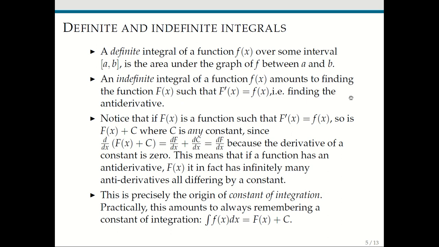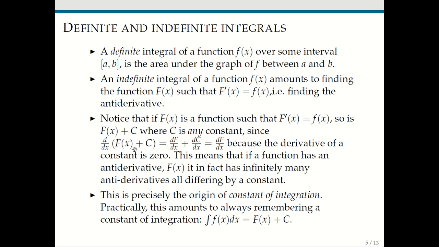It's curious to note that if you do find an antiderivative F of x, so a function such that its derivative is equal to the given one, then if you take this function and you add a constant to it, the result is still an antiderivative. This is the consequence of the fact that the derivative of a constant is equal to 0.